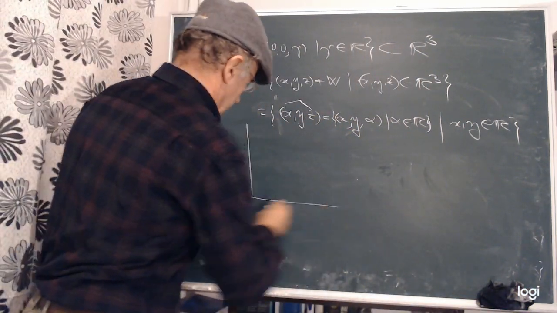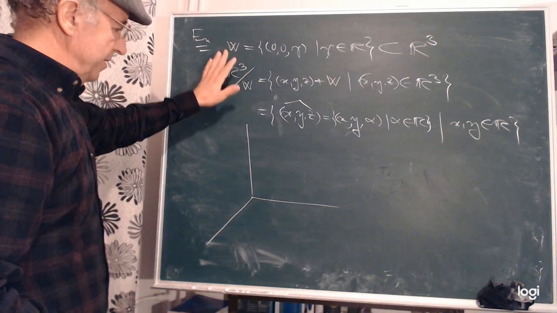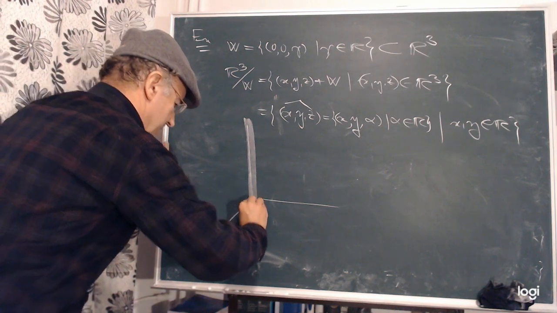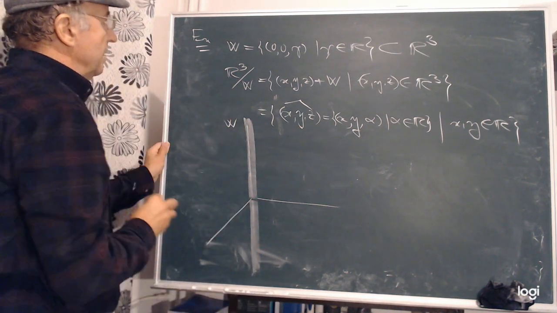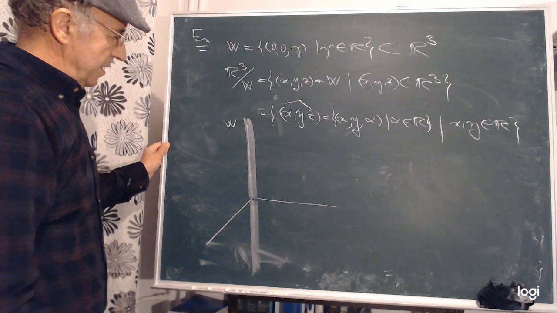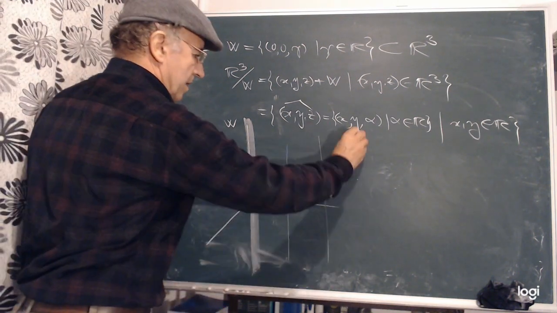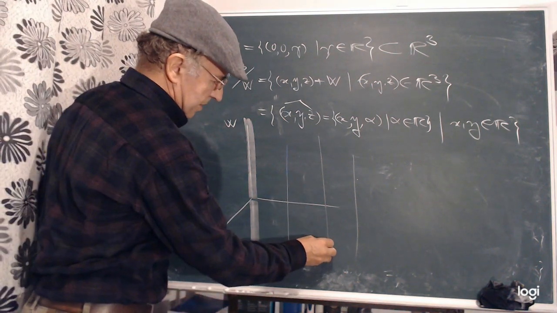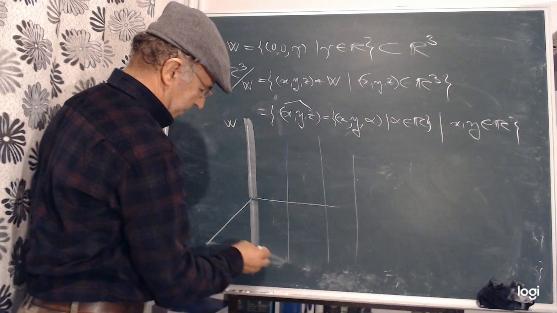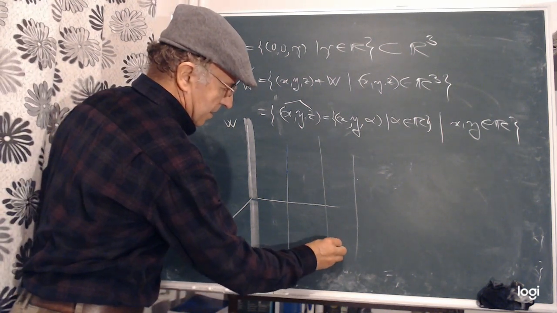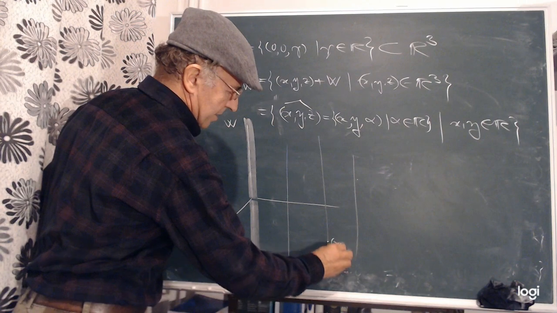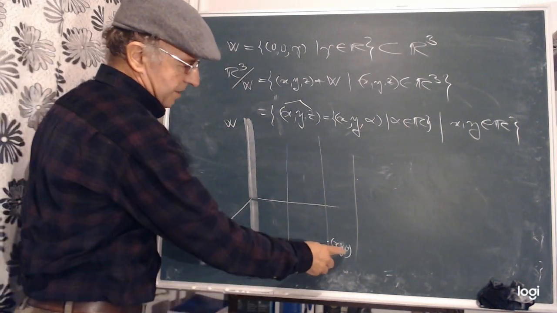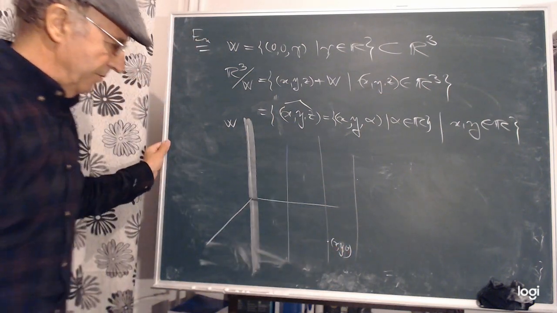So by using this subspace W, for example, if here is (x, y, 0), then this is the class, and this is a representative of it.